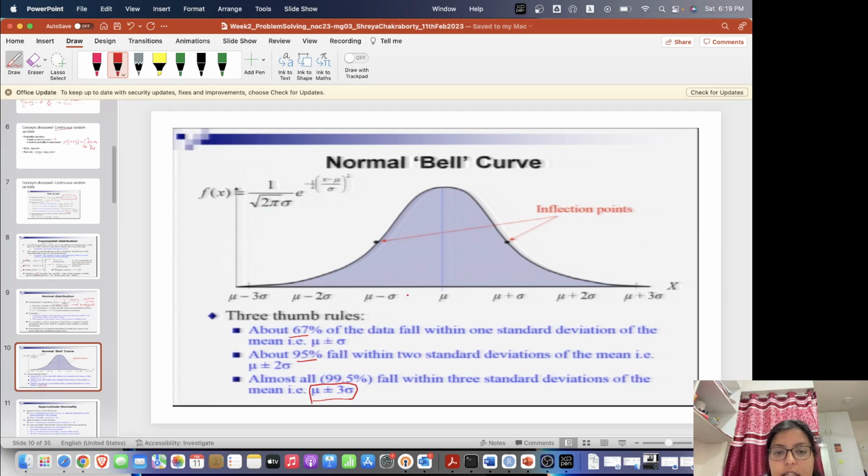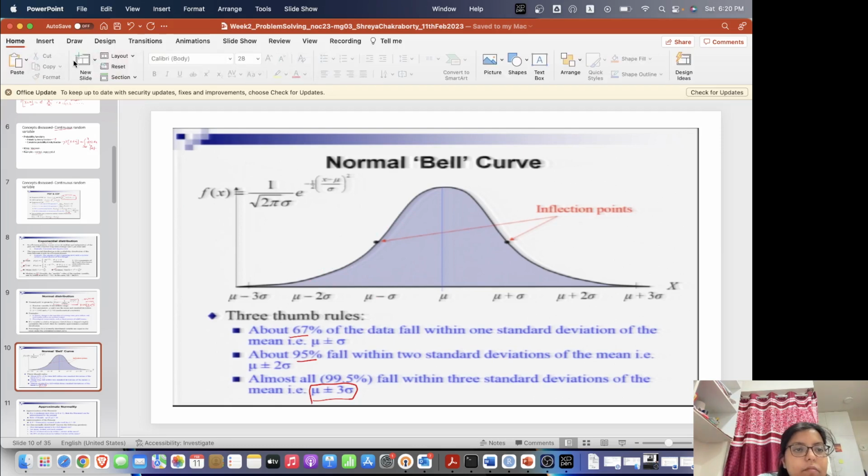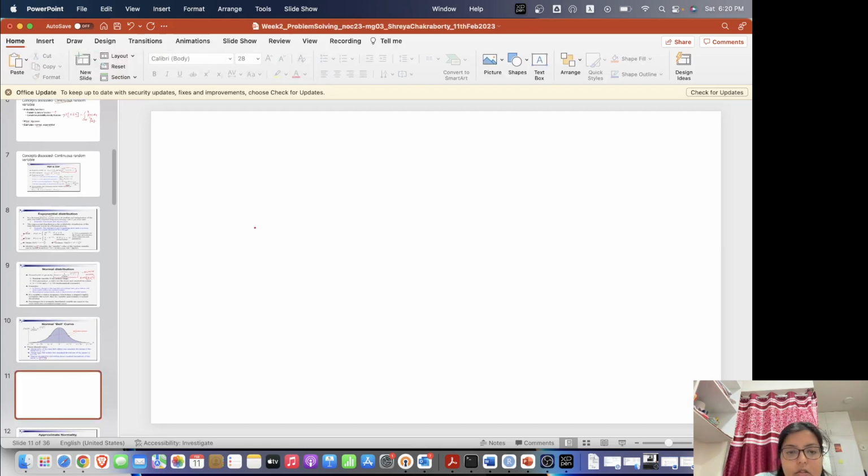If you see the lectures, the concept was that initially if you plot a binomial distribution, let's say you have a histogram something like this of a binomial distribution, 1 2 3 4 5 6 7 8, something like this.